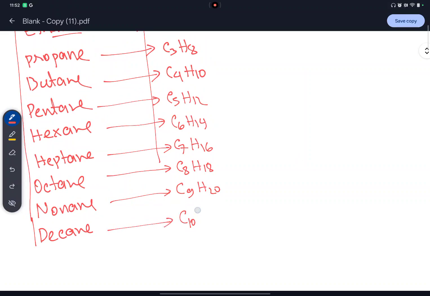Whatever the carbon number, the hydrogen number will be double plus 2, so 22.